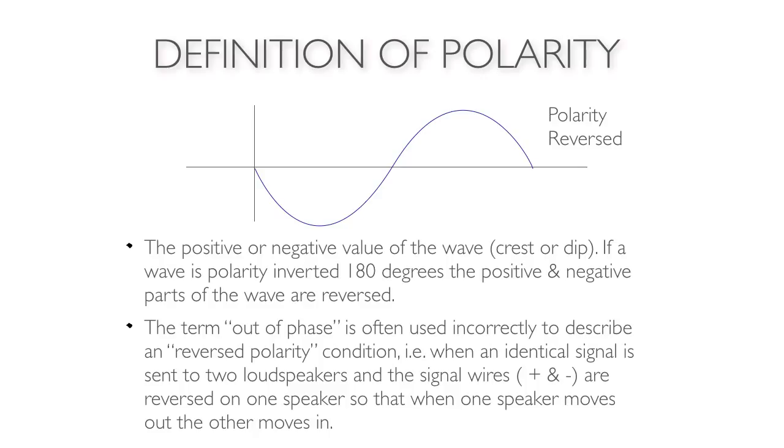But if you wire one side incorrectly, putting the plus to the minus terminal on the speaker, for instance, and you play a mono signal through both speakers, you're going to notice that the sound cancels out to a great degree because of the inverted polarity.